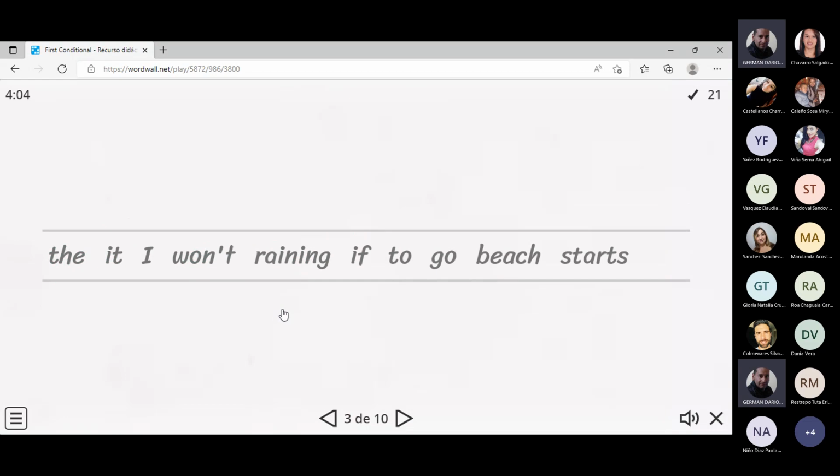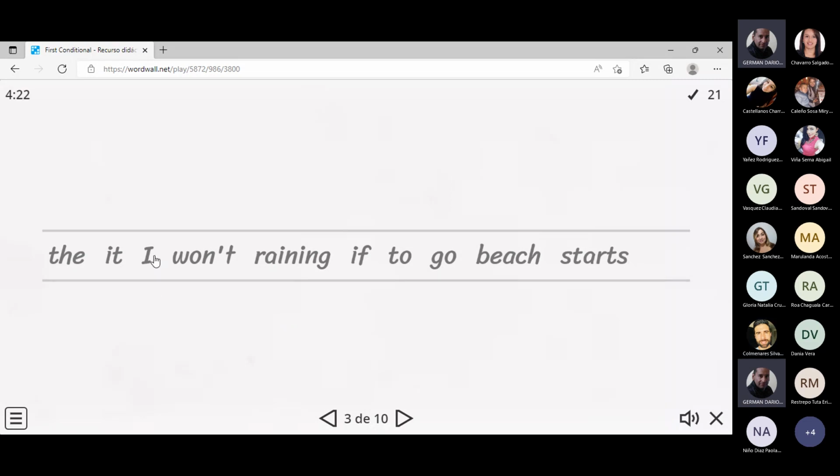Andrés, number three. Andrés Colmenares. What do you say, Andrés? Acuérdense que si no ven la coma, empieza por el resultado.